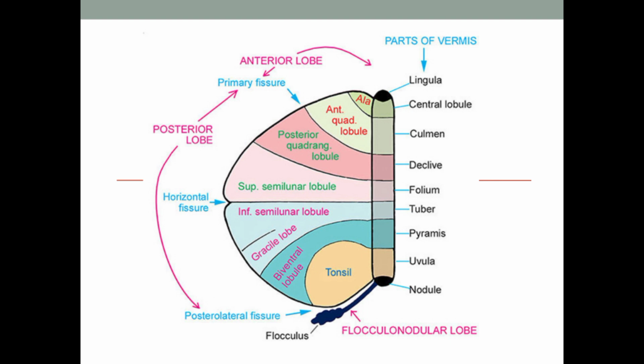Same thing here: no lateral projection for lingula, ala, anterior quadrangular lobule, declive to posterior quadrangular lobule, folium to superior semilunar lobule, tuber to inferior semilunar lobule, pyramid to biventral lobule, uvula to tonsil. Then the last one, nodule, is related to the flocculus.